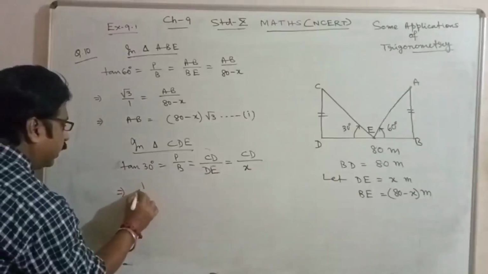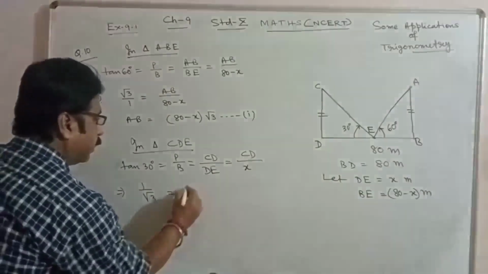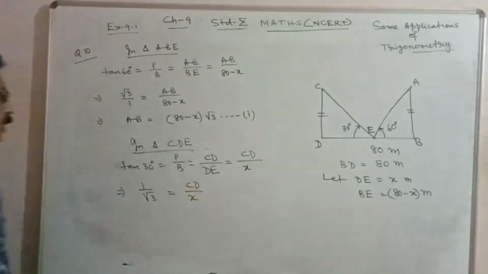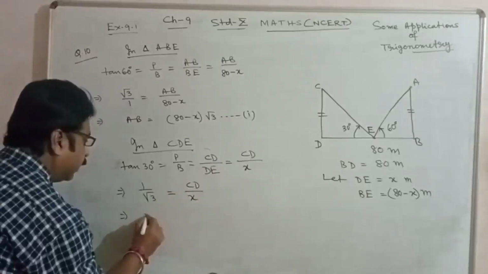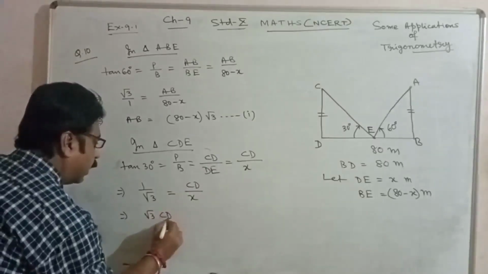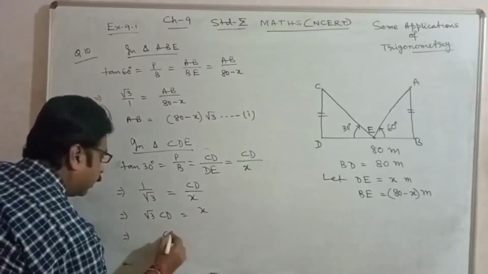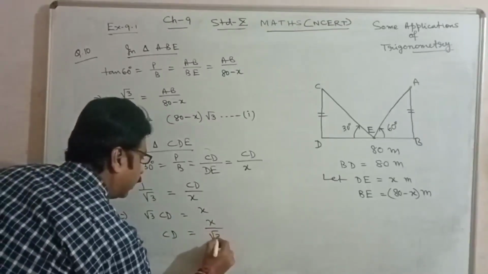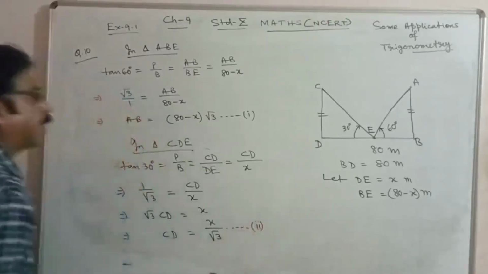It is 1 upon root 3 equals to CD upon x. That means root 3 into CD equals to x. CD equals to x upon root 3. Suppose this is equation 2.